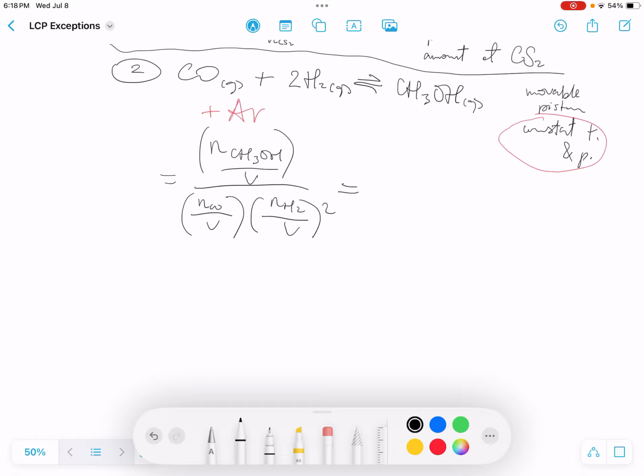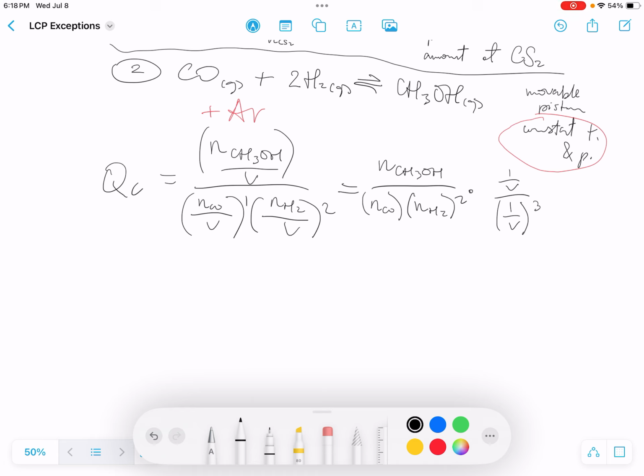This is QC, and our QC is equal to the moles of methanol over the moles of carbon monoxide times the moles of hydrogen squared, times 1 over V divided by 1 over V cubed.